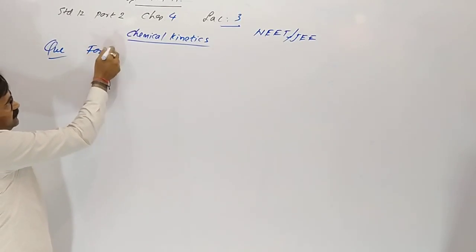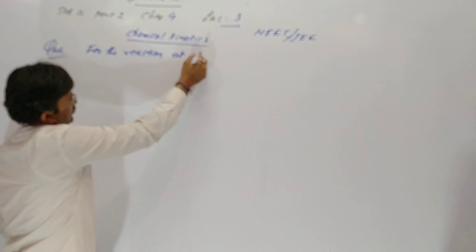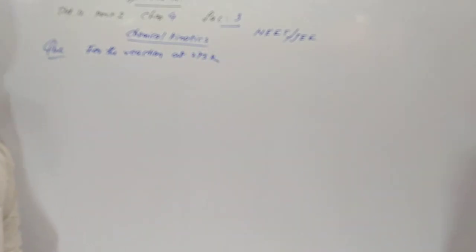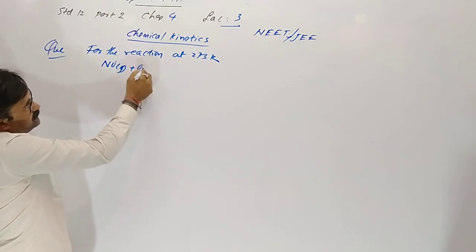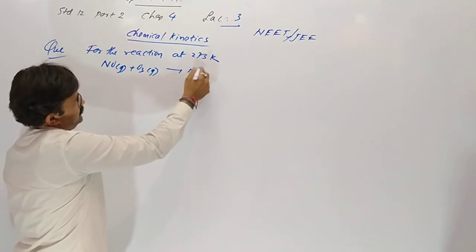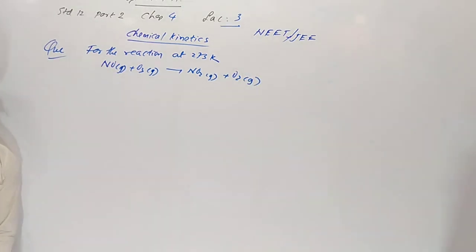For the reaction at 273 Kelvin, NO gas plus O3 gas gives NO2 gas plus O2 gas.